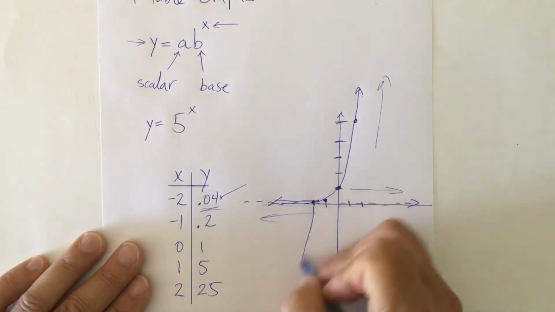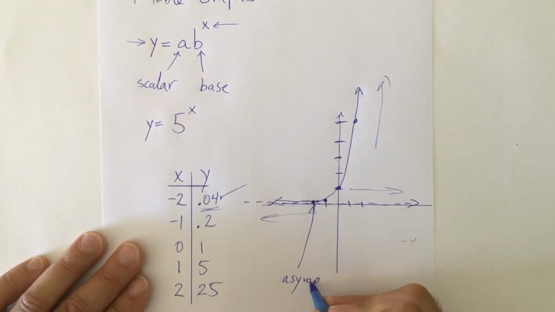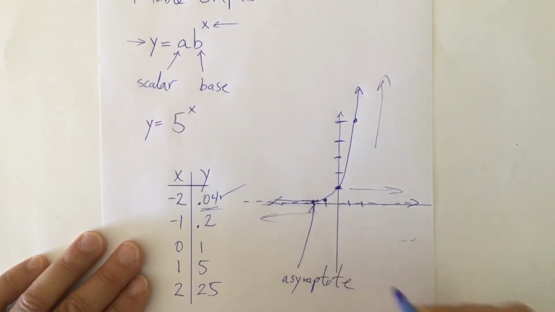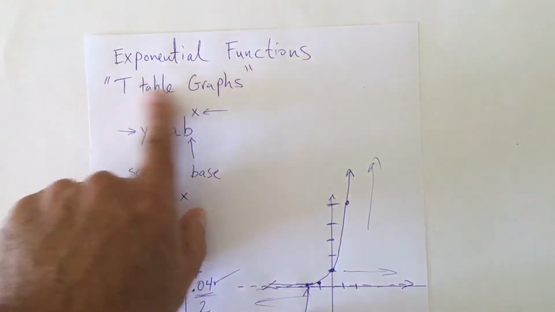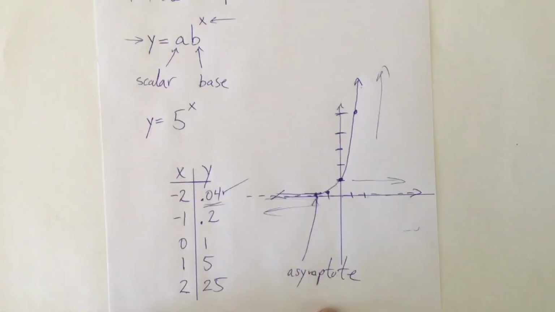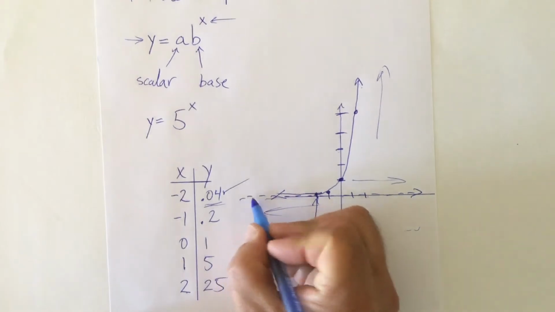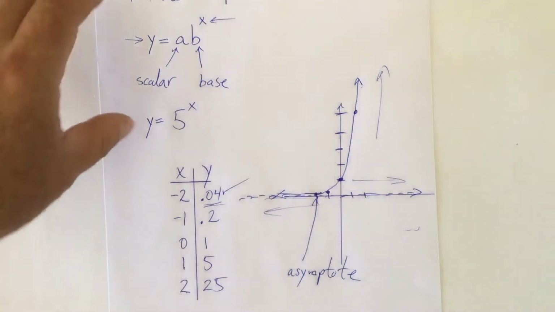So this will be an asymptote. Guess what? All exponential functions that we will graph will have an asymptote. And that asymptote will be right here on the x-axis. It's going to be our boundary line. I like to think of it as the floor. You're not going to pass through the floor. You're just going to hover right above it.